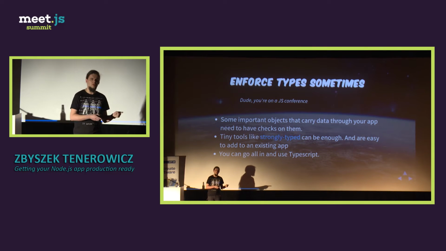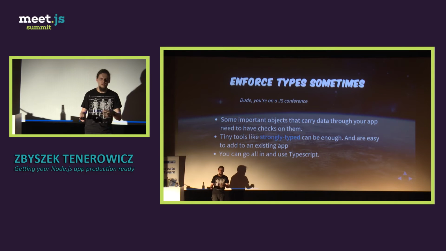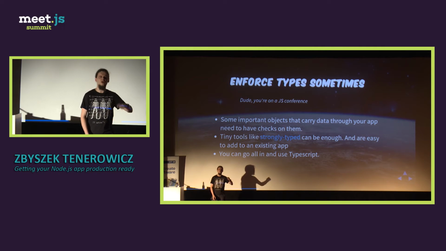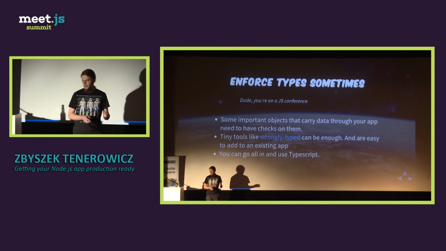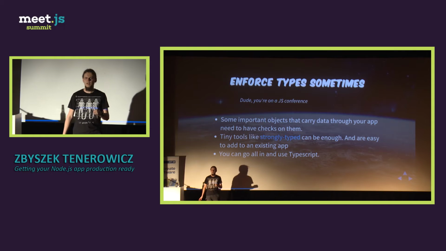So with TypeScript, if you forget to put something in a field or you try to use a field that isn't there, you will get an error when you write the code. With good old JavaScript, you will know that you forgot about some field when a user sends you a screenshot with the text undefined. We want to be at least somewhere in the middle. So we're using a tiny tool that I called Strongly Typed.